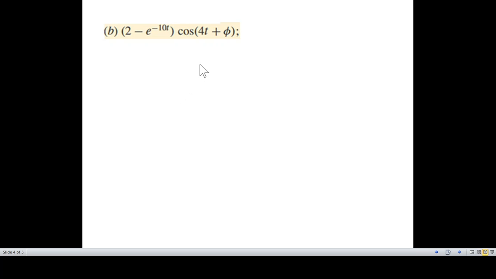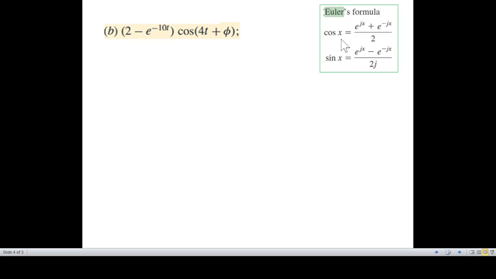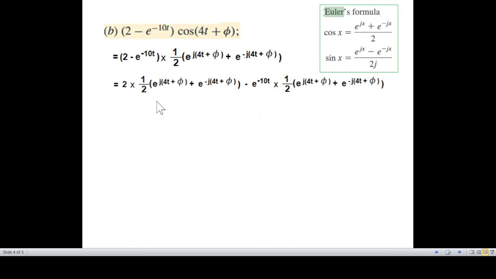The second question, or part B, we have now cosine, and we'll use the same technique. From the Euler formula, we'll now use this formula. So writing for cosine, then multiplying the first term and the second term.